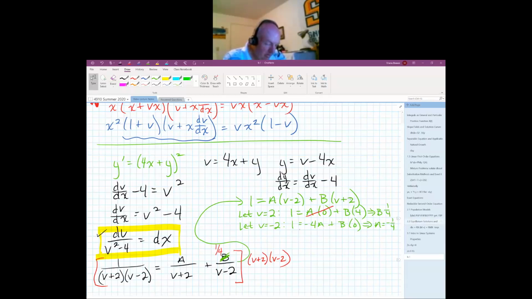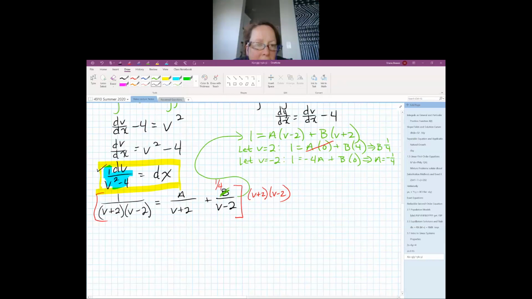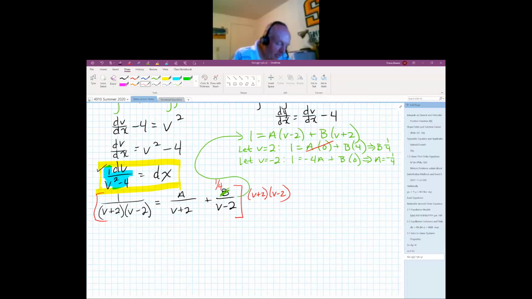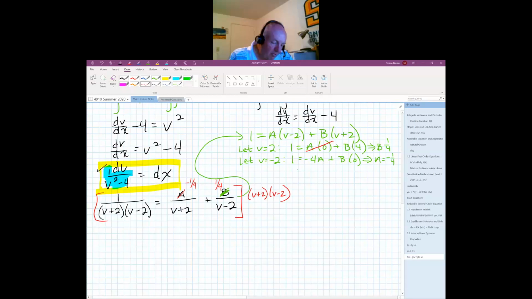So moving up, let's remember where we were. We were rewriting this expression, 1 over this expression. We'll put a 1 in there. A equals negative 1/4 on that right side at the bottom of your screen. So we could write this like this.